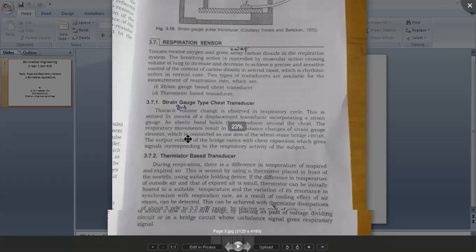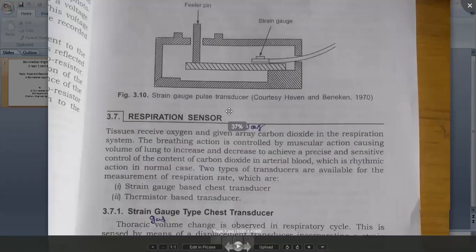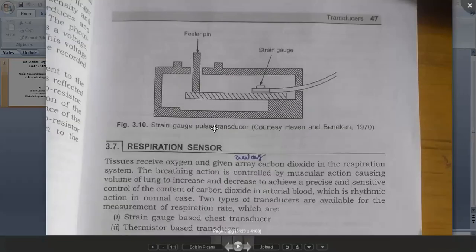This figure shows the strain gauge pulse transducer. Here, this is the leaf spring and this is the feeler pin. One end of the leaf spring is attached to the feeler pin, and at the other end of the leaf spring we connect a strain gauge, attached to the leaf spring.